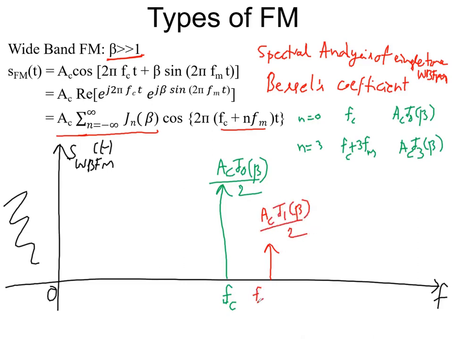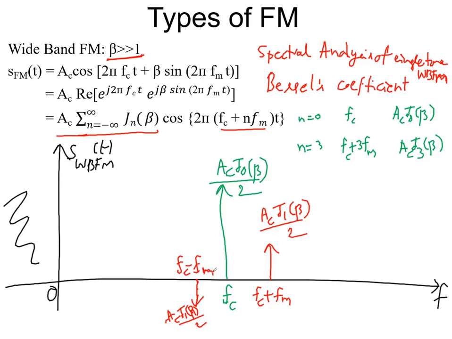It will exist at what frequency? Fc plus Fm. Now if you want to observe for n equal to minus 1, obviously you will get it on the downside. Why you are getting it on the downside, I will let you know later. The amplitude will become how much? Minus Ac J1(beta) by 2, and this frequency is Fc minus Fm.